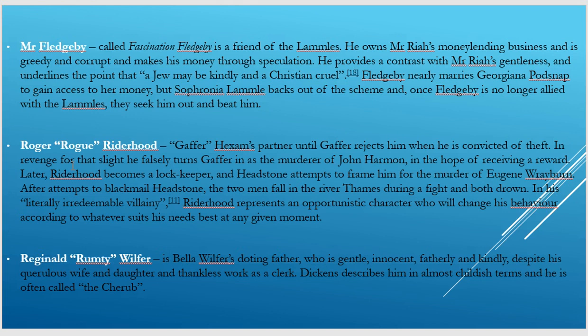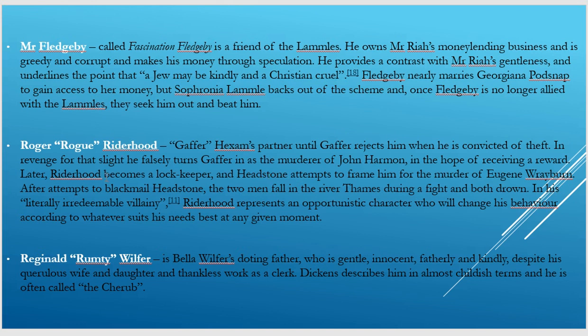The other character, Roger or Rogue, is Jaffer Hexam's partner until Jaffer rejects him when he is convicted of theft. So he was a partner with Jaffer Hexam, and then he was caught by Jaffer in a kind of theft or robbery, and that's why they ended the relationship.